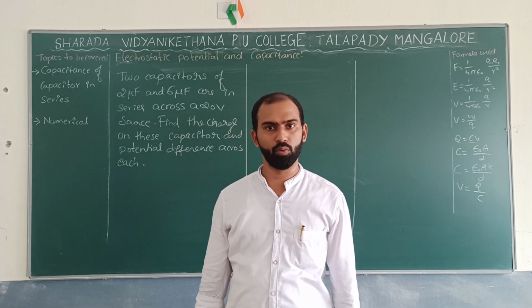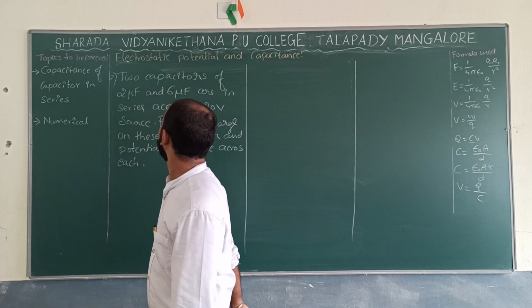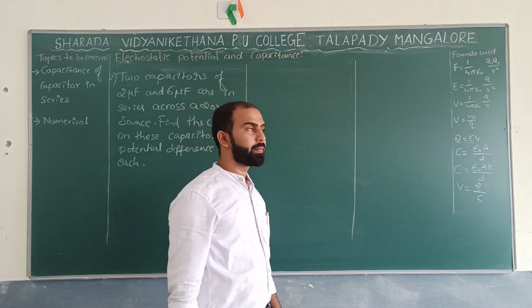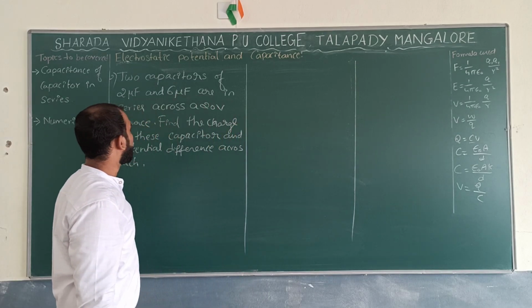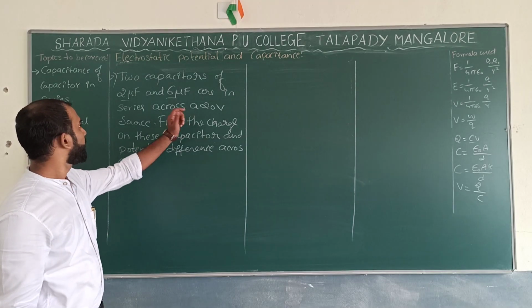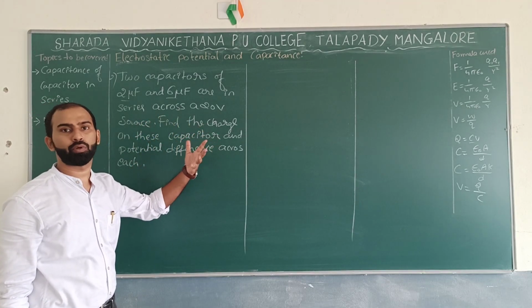We will move on to one more numerical. Again the similar concept we will discuss now. We have capacitors of 2 microfarad and 6 microfarad. They are connected in series across a 20 volt battery or potential difference.